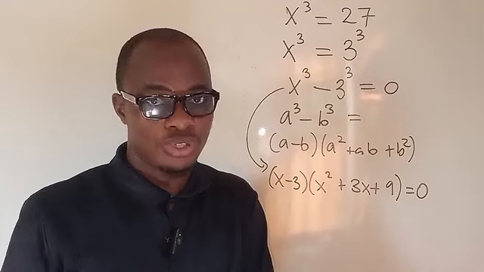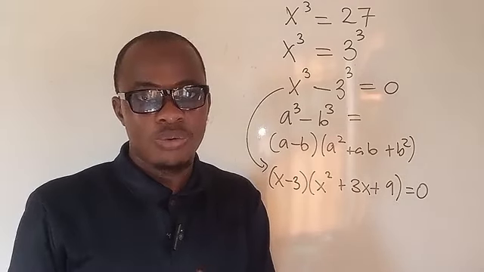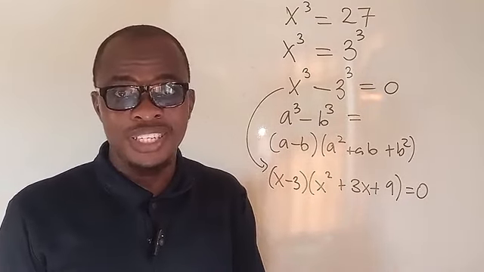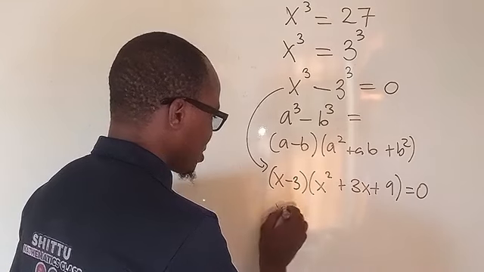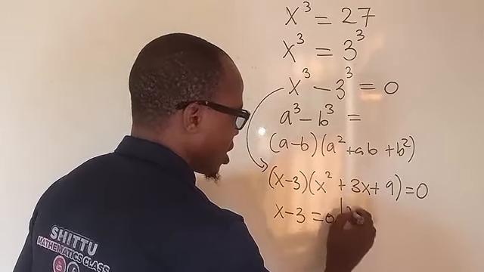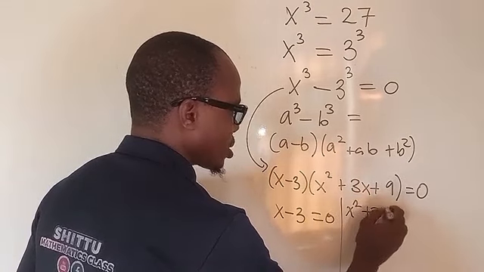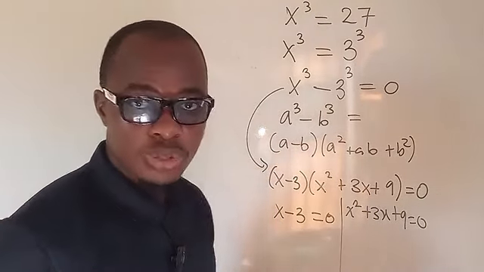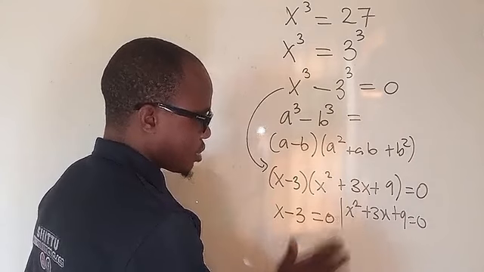Now from here, the next thing we can do is that we can see we have two factors equal to 0. So it is either one of them equals 0, the other equals 0, or both of them are 0. In this case, we have x minus 3 equal to 0, and x squared plus 3x plus 9 equal to 0.